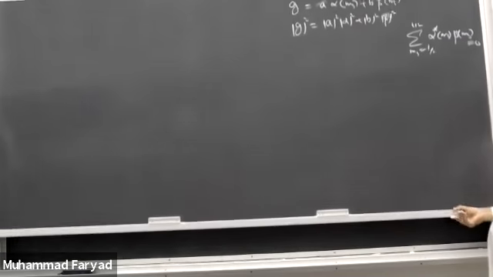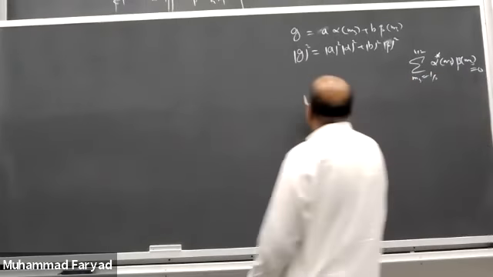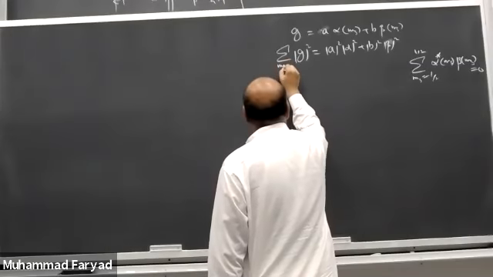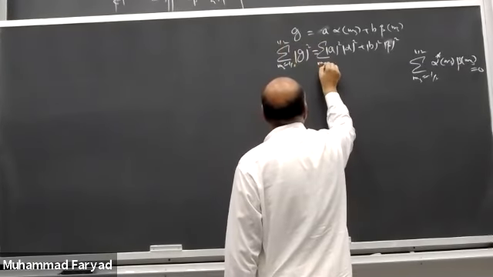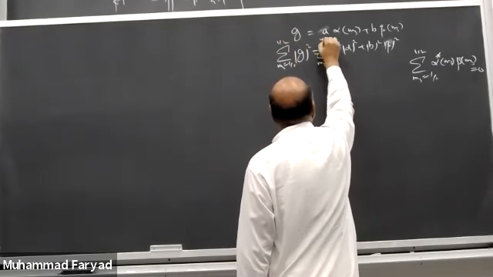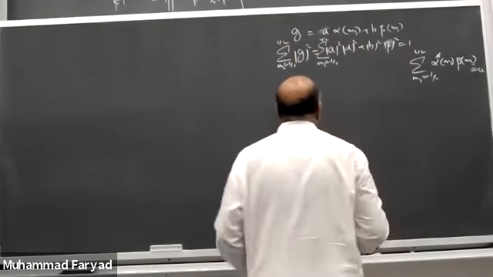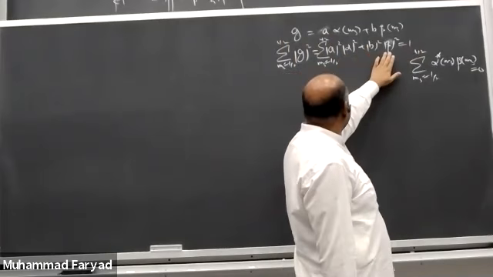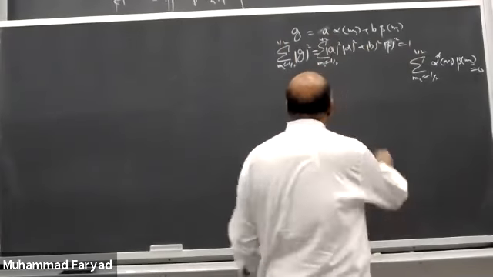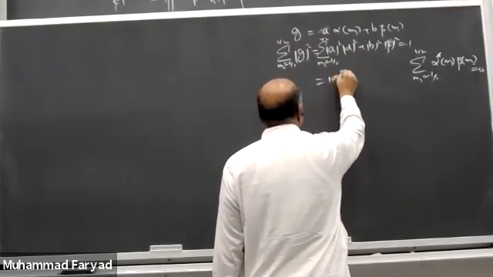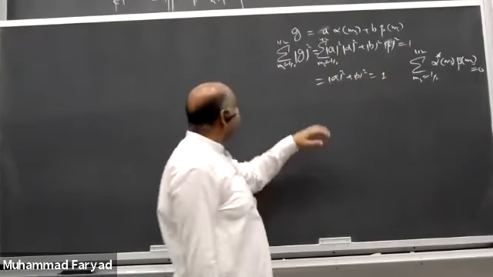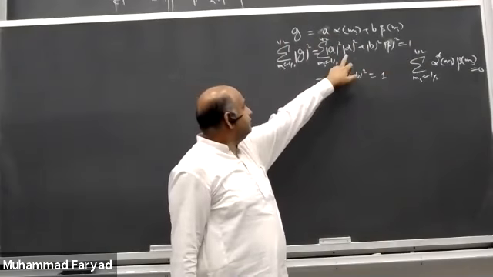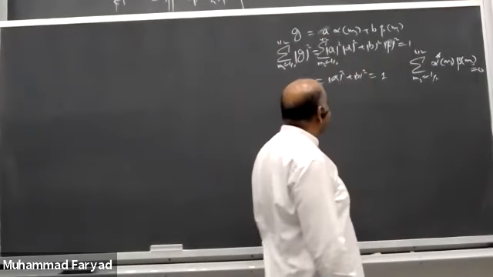All right, so this means that now this should be 1, and since this alpha mod square beta mod square, its sum is 1, so this essentially means this one, which we already know because this is normalized, this is normalized.